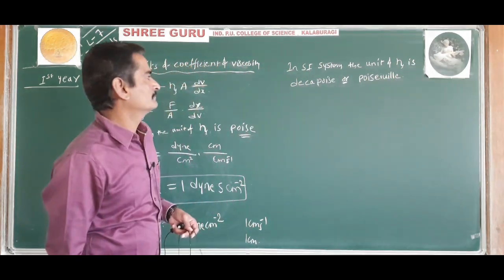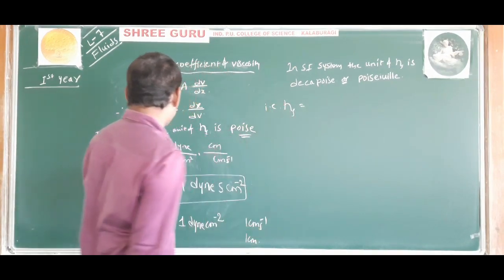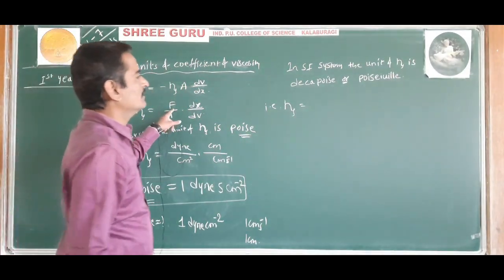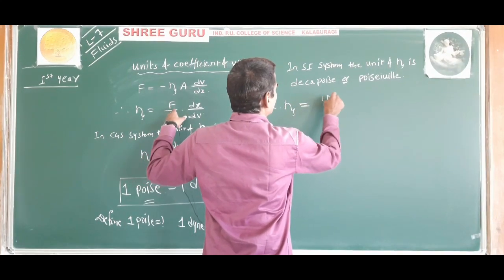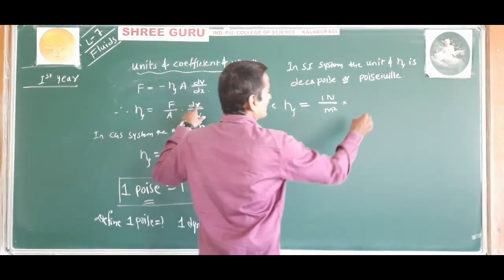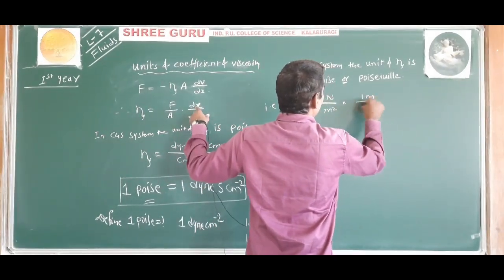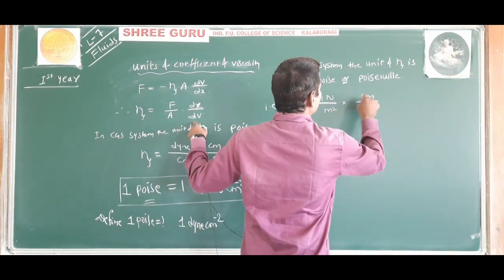Okay. So now eta is equal to F. Force in the SI system is Newton, and area in the SI system is meter square, into distance in the SI system is meter, and velocity in the SI system is meter per second.